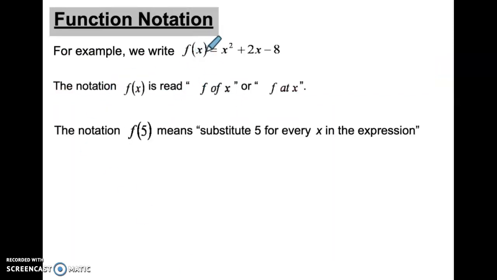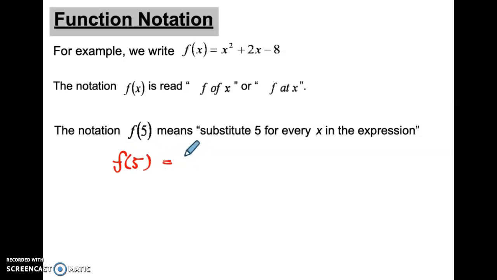Here's an example: f of x equals x squared plus 2x minus 8. We're using f of x notation because this is a parabola, and parabolas pass the vertical line test, which means they are functions. So if we had f of 5, what that really means is go to the function called f, which is this function right here, and everywhere there's an x, sub in a 5.